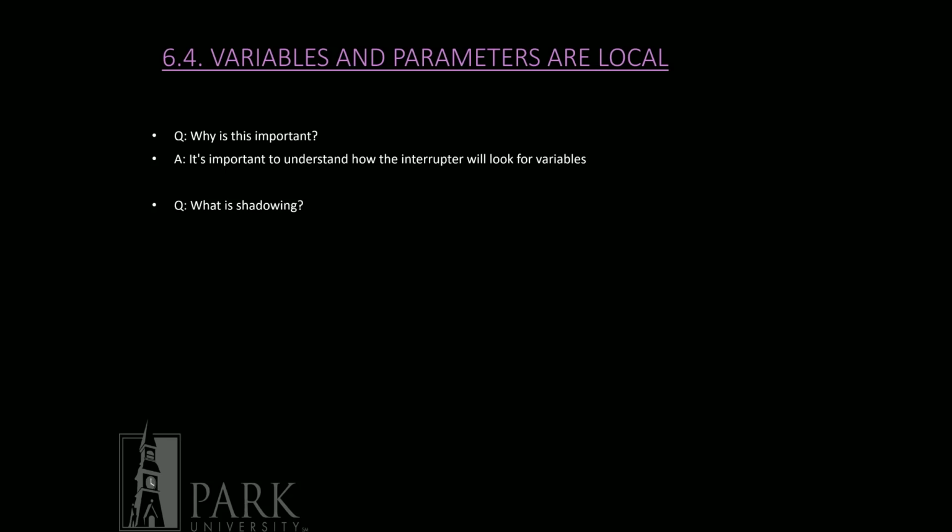It usually happens with loop indexes that they don't overwrite the value, but when the Python interpreter is looking at your code and you have this variable that says x is equal to 7, and then you later use x, it's going to use the most local option available to it. If it doesn't find a local variable x, it will then look at its enclosed variables. It will then look at its global variables, and then finally, if it doesn't find x, it will look at the built-in variables. So it's really important to understand how the Python interpreter is going to resolve what the value of these variables are.